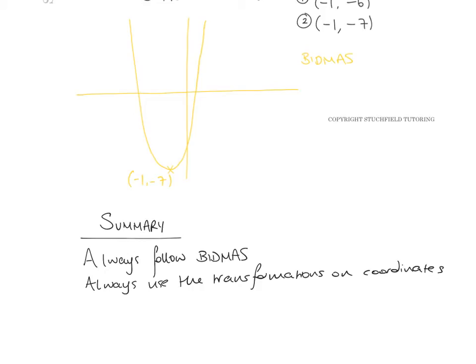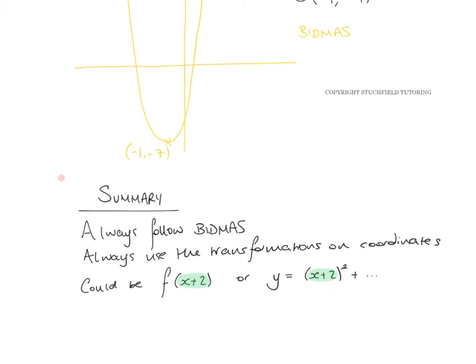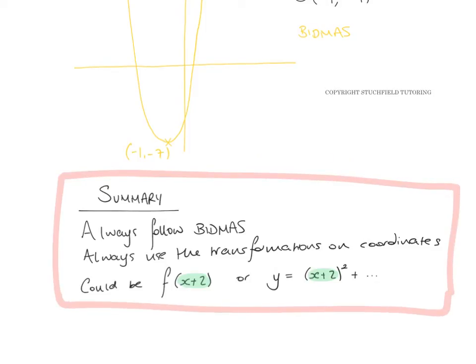And the final thing is that the transformation could be f of x plus 2, or it could be y equals x plus 2 squared plus whatever. So you could be asked it in different ways. You could get it inside the function, or you could get it in the actual equation itself. So you need to be able to recognise both of those. So that's our summary box. So put a big red box around that, make it really clear, and then we're going to move on to the practice questions.